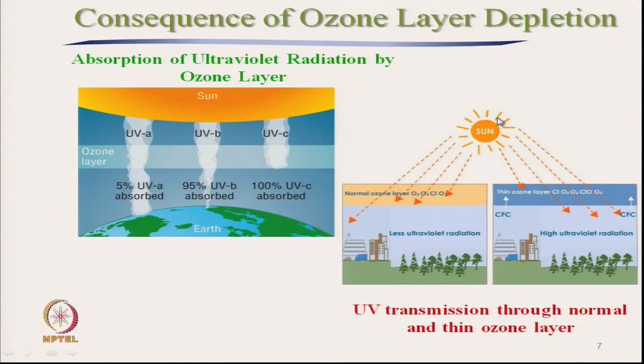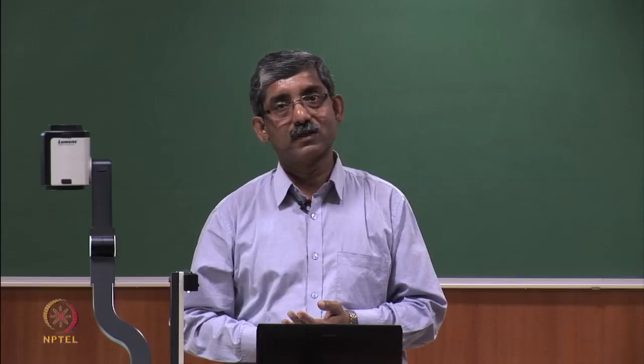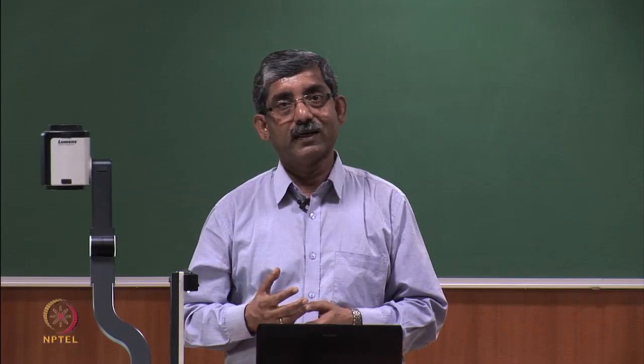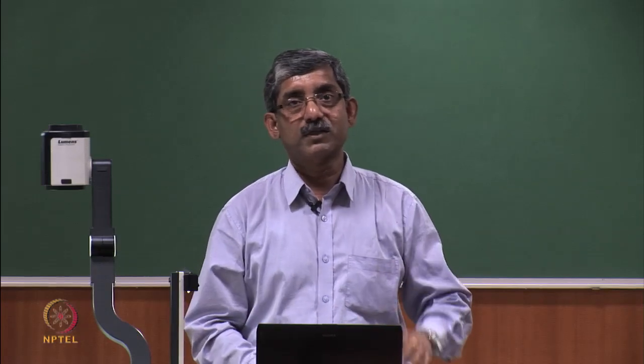So, this picture shows how they are getting absorbed and penetrated. So, why do we need UV protection? UV protection is extremely important, because UV ray affects the total ecosystem.